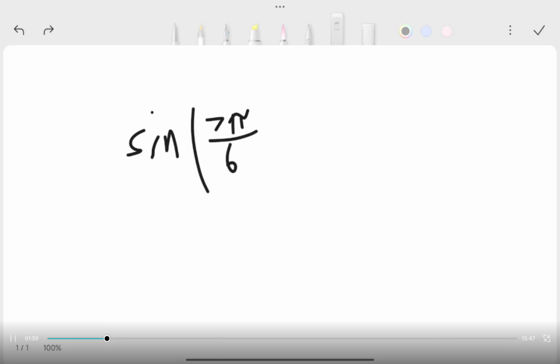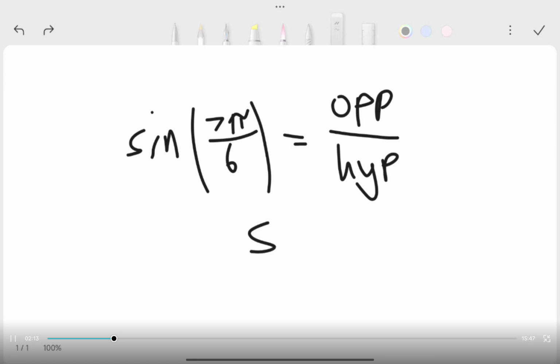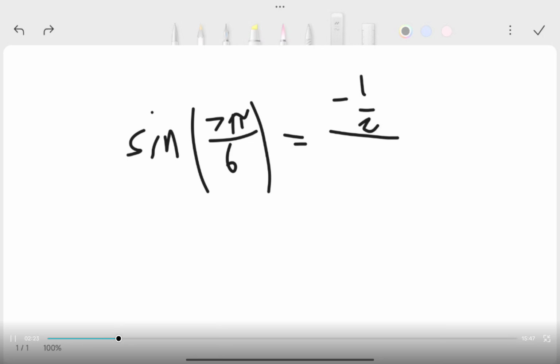So first is sine of 7 pi over 6 is equal to opposite over hypotenuse, which is the SOH. So negative 1/2 is our opposite, and our hypotenuse is 1, so it's simply negative 1/2.